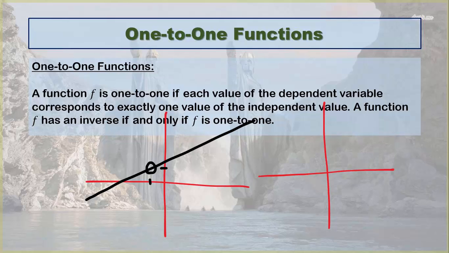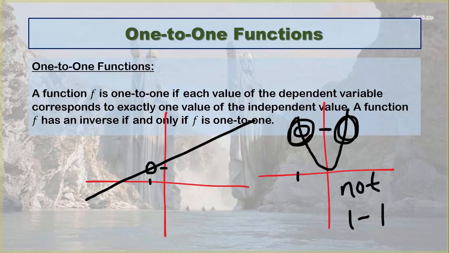This is not one-to-one because although this x gives me only one y, this y gives me in fact two x's. Therefore, not one-to-one.